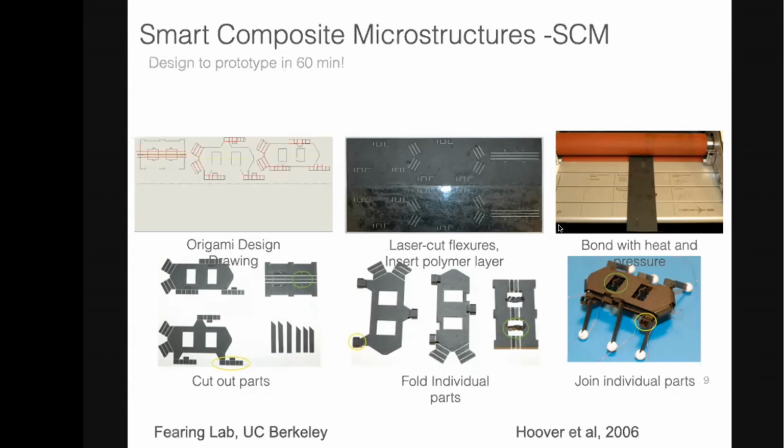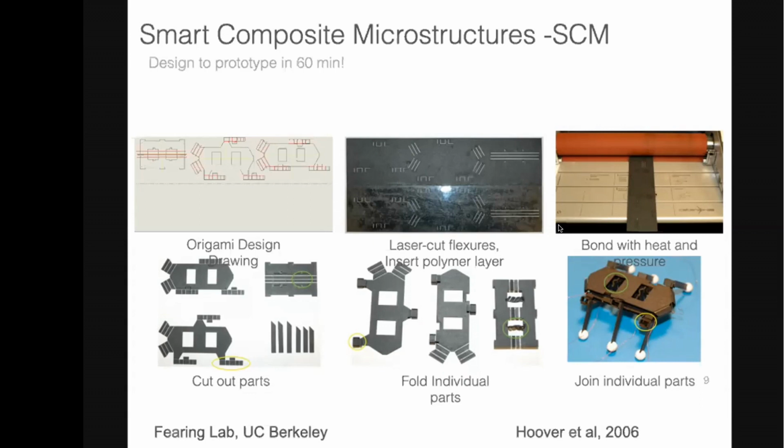In this approach, we start off with a 2D drawing. We try to identify where we want flexible elements and where we want rigid elements. Wherever we need flexible elements, we cut slots using a laser. We insert a polymer and then bond all the layers.